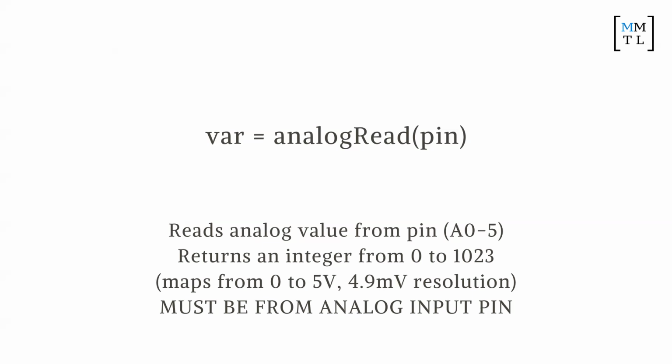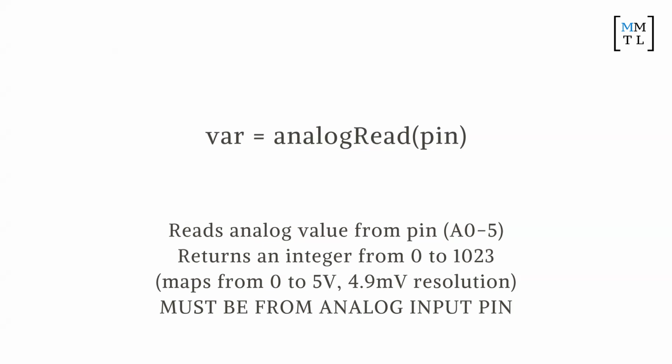Does that make sense? It will always return a value whereby 0 corresponds to 0 volts and 1023 corresponds to 5 volts. If you take this range and divide by this amount, you get a 4.9 millivolt resolution.